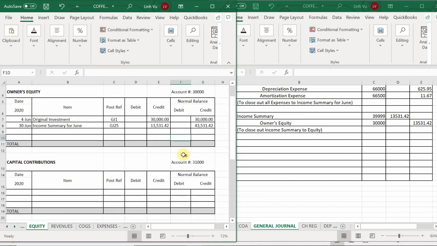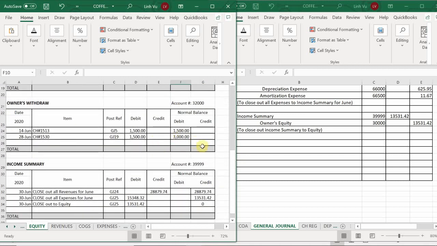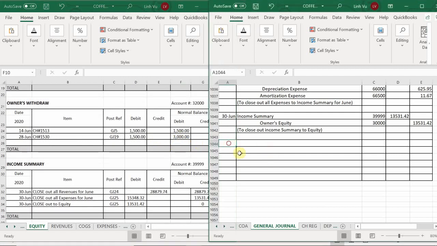So in this case, we are going to credit our owner's withdrawal and debit our owner's equity. Okay, we're decreasing.